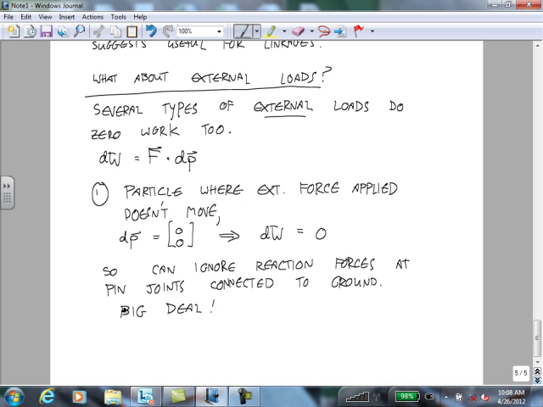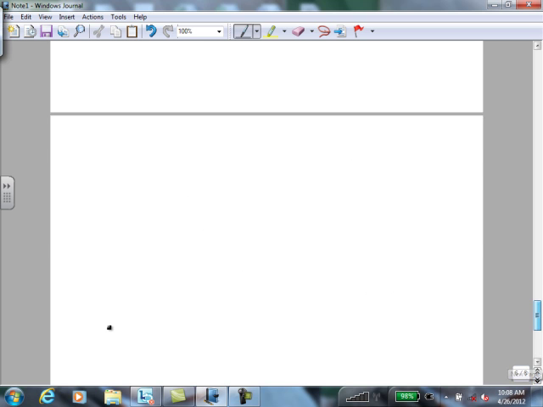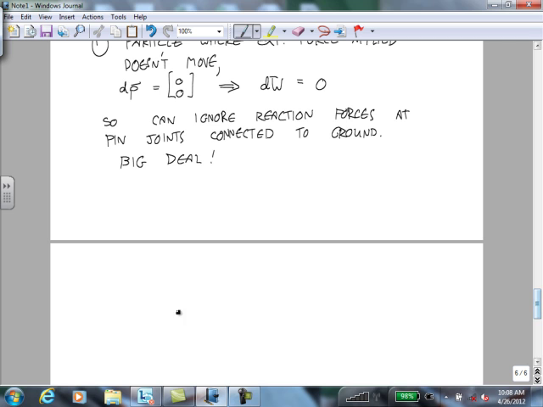The second type of external load that does zero work is when, based on that dot product definition, when is the dot product of two vectors equal to zero? If one of the vectors is zero, of course it is. When else? If the two vectors are perpendicular, then the dot product is zero.